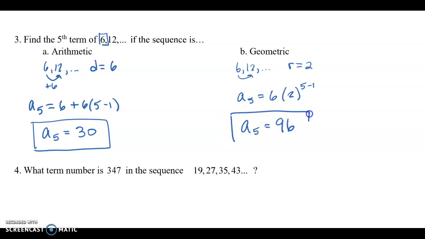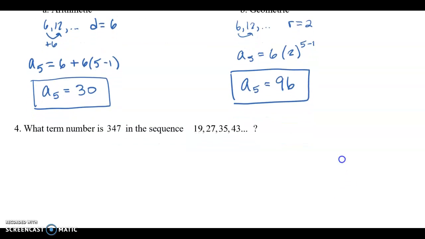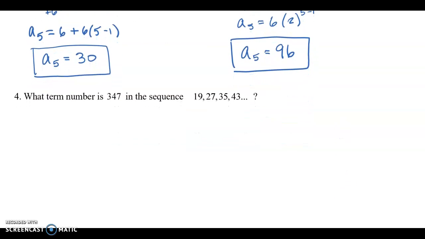Okay. And finally, classic problem here: what term number is 347 in this sequence, 19, 27, 35, 43, dot, dot, dot? Okay, that's not saying what is a sub 347. That's not what it's saying.